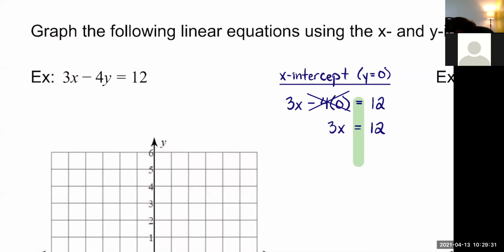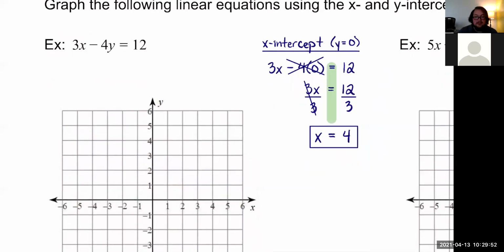Divide by 3. This goes back to unit 1. 3 divided by 3 is gone on the left, leaving me with x. On the right, 12 divided by 3 leaves me with 4. And just like that, we have our x-intercept.